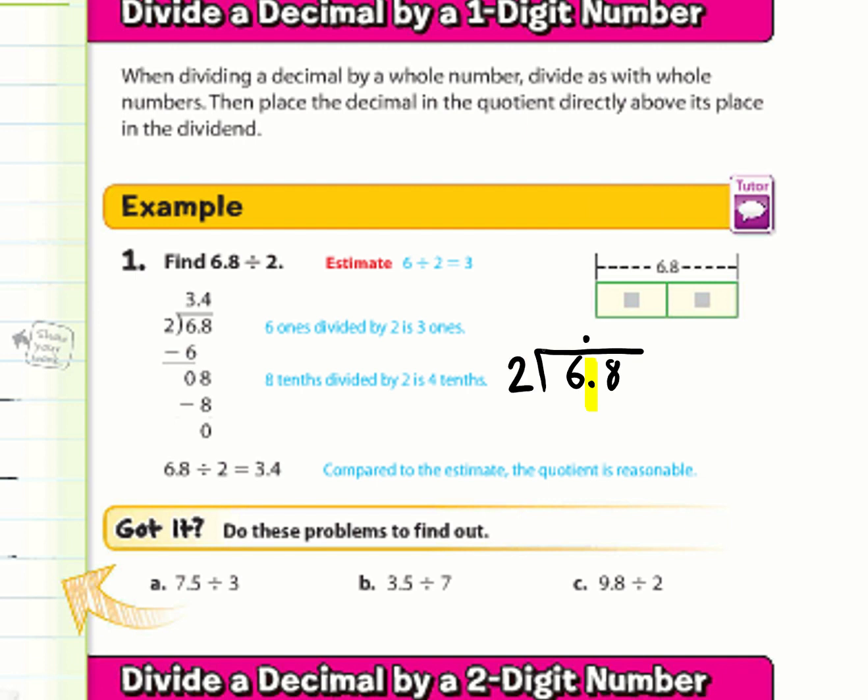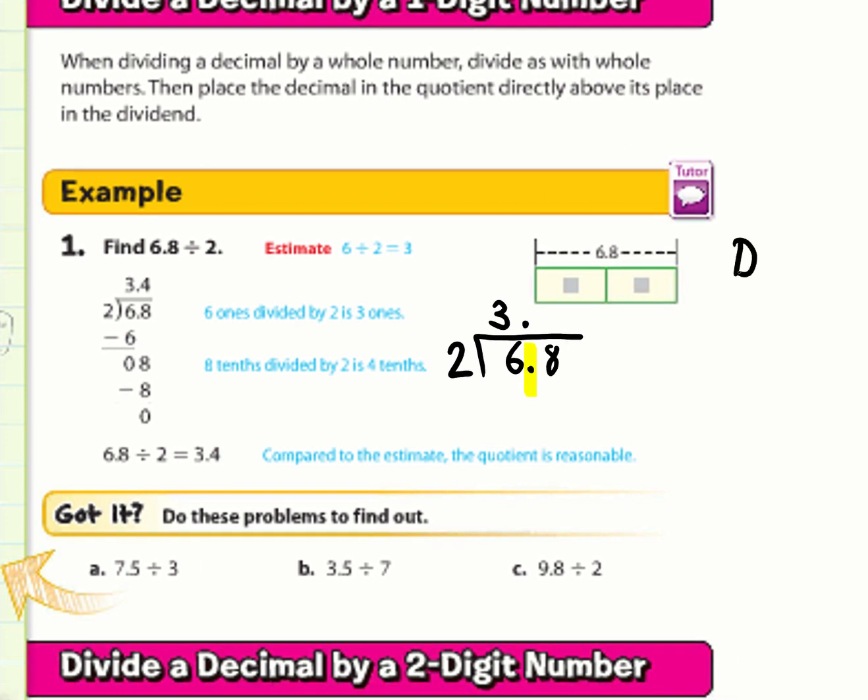And then we have 2. So 2 goes into 6 3 times. So I'm going to write down, it's divide, multiply, subtract, bring down, and then repeat or remainder.